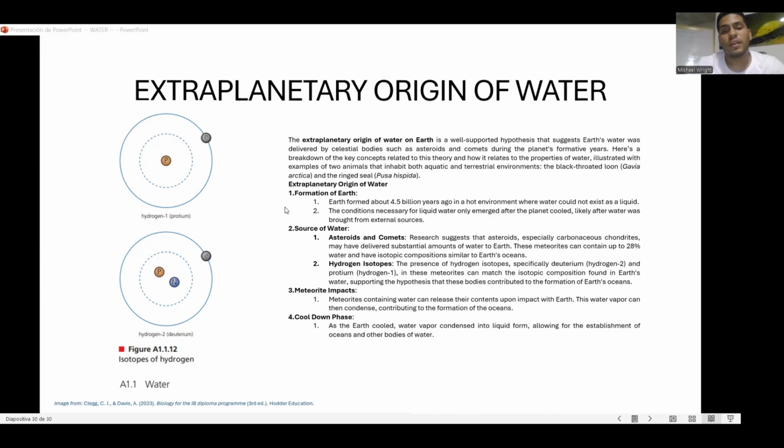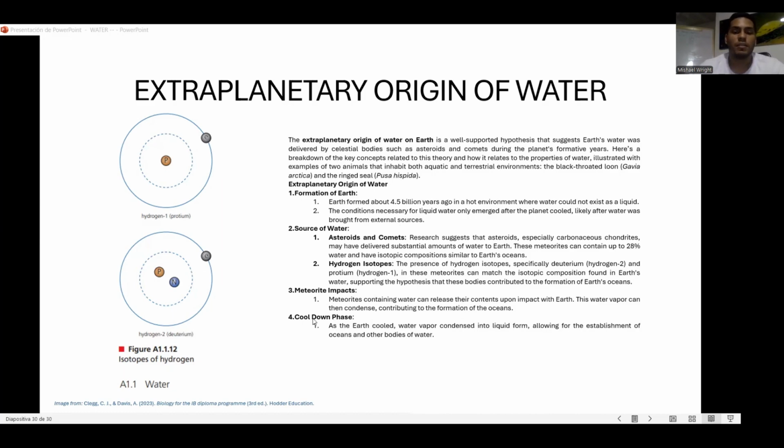Okay. Also, the hydrogen isotopes, such as deuterium, that is hydrogen-2, and tritium, that is hydrogen-3, specifically, and these meteorites can match the isotopic composition found in Earth's water, supporting the hypothesis that these bodies contributed to the formation of Earth's oceans.